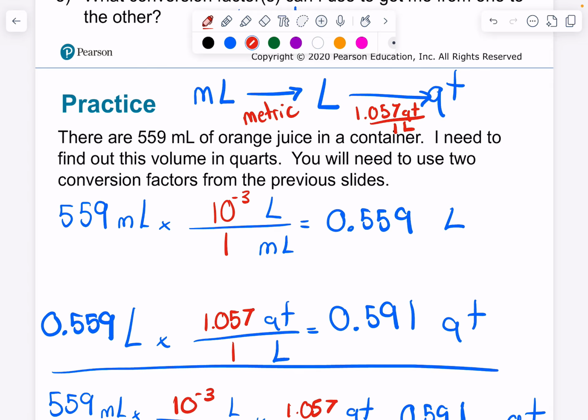Because we started with milliliters and it wanted us to go to quarts, but there was no conversion for us to get directly from milliliters to quarts. And so we had to think, well, what do I know that can help me get to quarts? And that's where we looked back. So as you're going through the homework ones, as well as looking through the notes again, you need to look for how to develop that equation. And this whole unit route thing is the best way to do it.